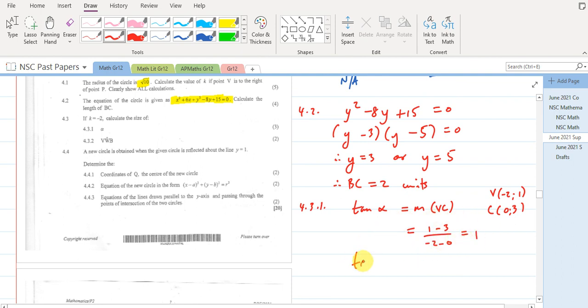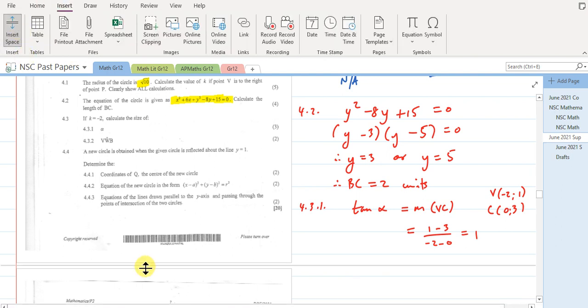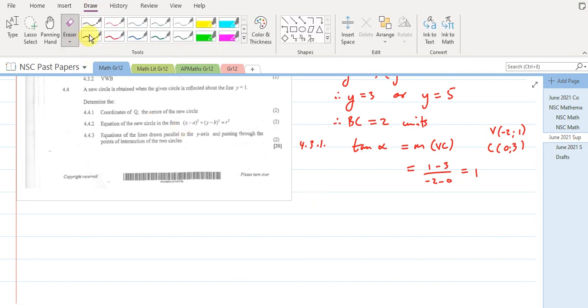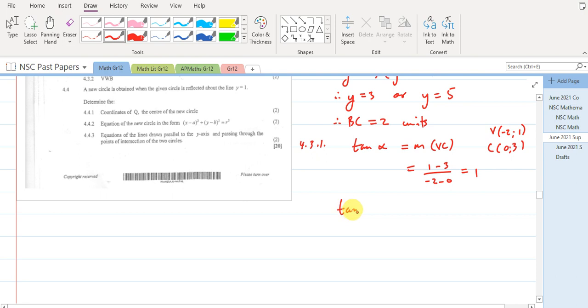Since the gradient is 1, we can say tan of alpha. Let's make some space here. What we can say now is tan alpha is equal to 1.